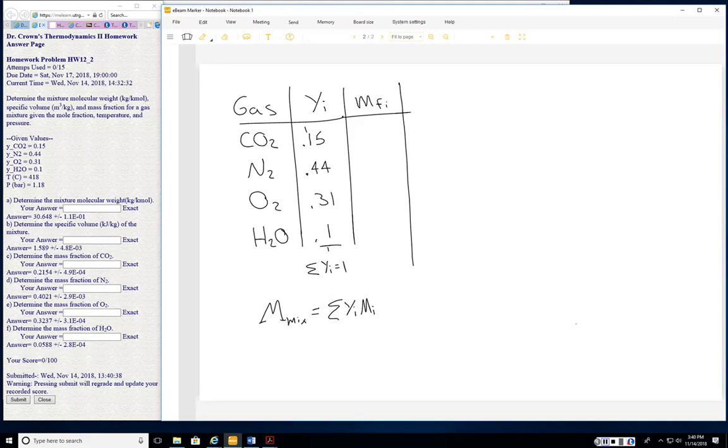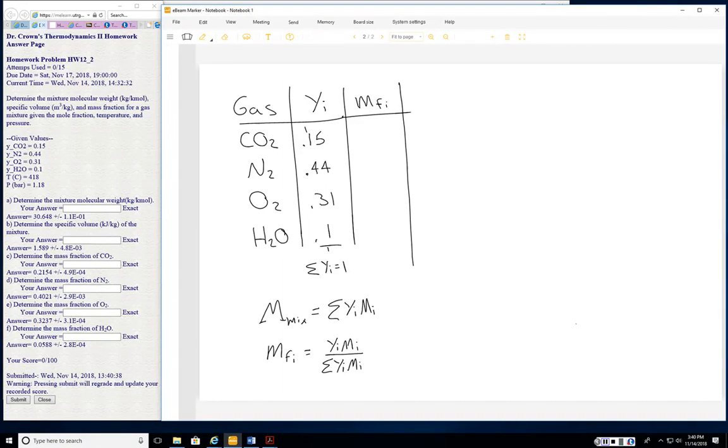And you might guess that we can get the mass fraction i as before we had that term for one of the components over the sum, and turns out it's the same format here. So we have yi Mi over summation yi Mi.